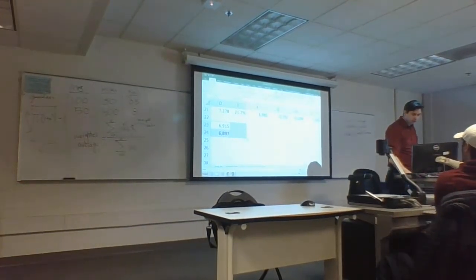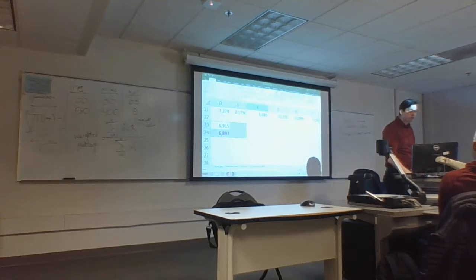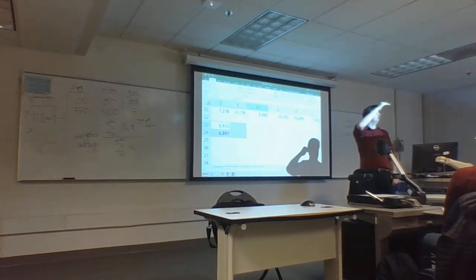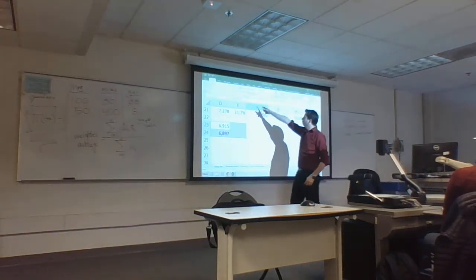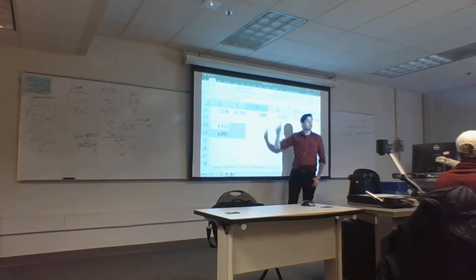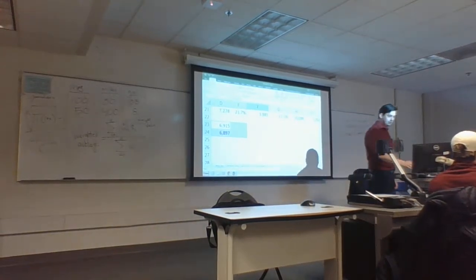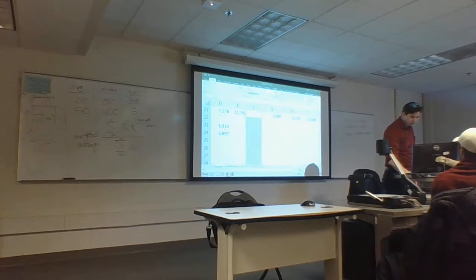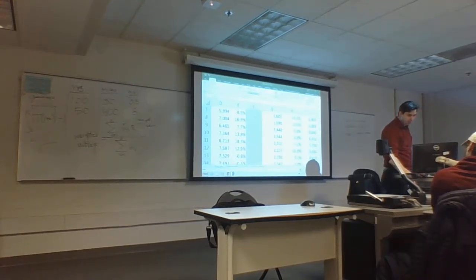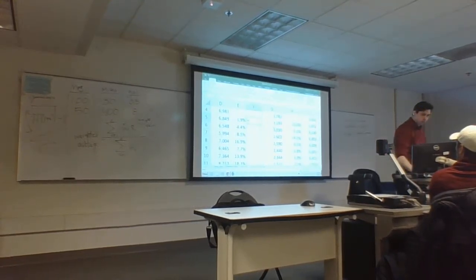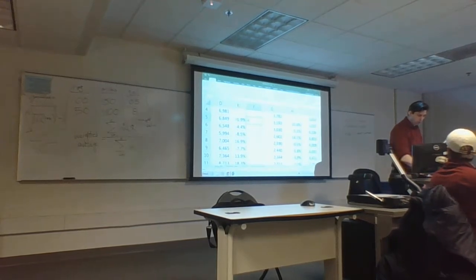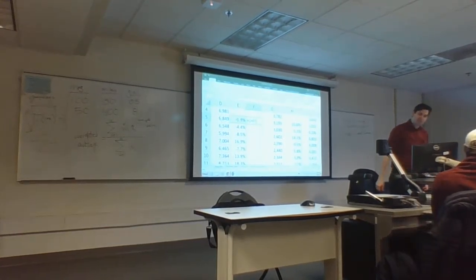So here's the slow, clunky way. The very first thing we do is add 1 to every observation, so we're going to need a new column. If you right-click F and insert, you get a new column here. And we're just going to type equals 1 plus E5.